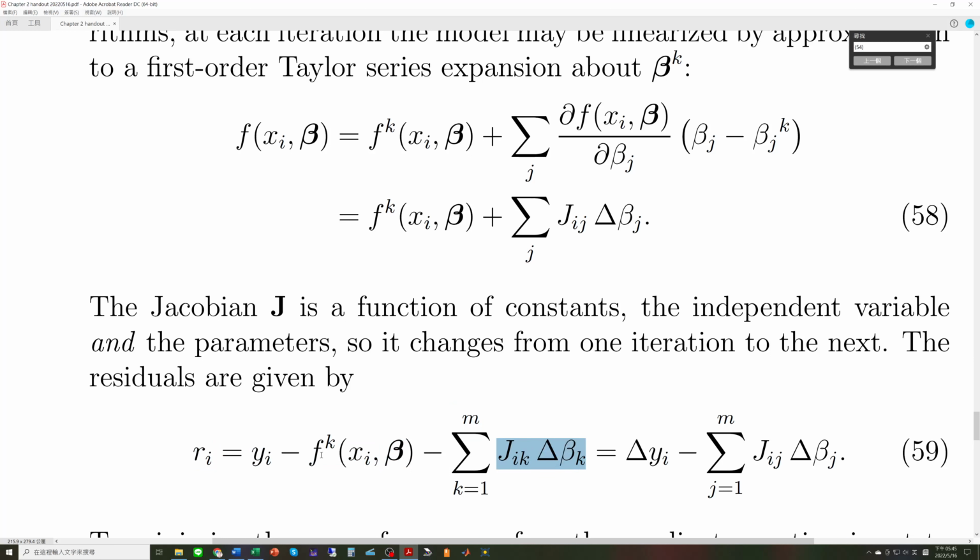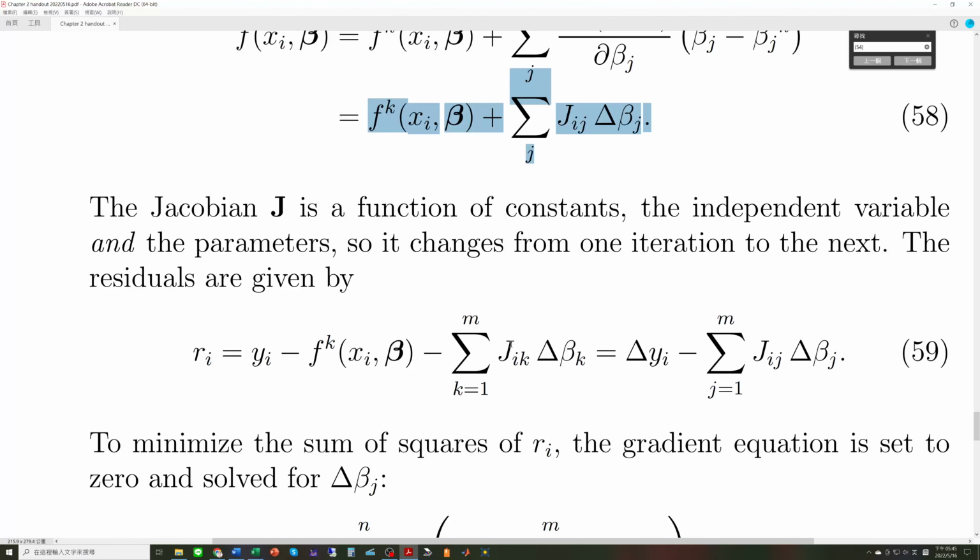Let us denote Yi minus f k of xi, beta as delta Yi, and minus this term. The second term is equal to this term with k being replaced by small j.